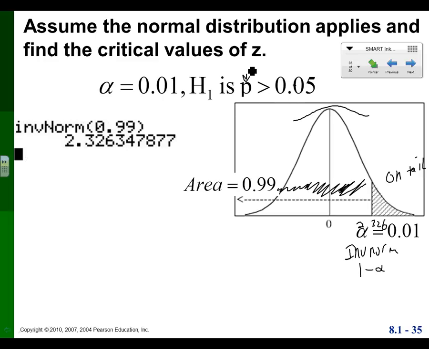Notice when it says our number is greater than 0.05, that's our claim. We have a right-tailed test. Okay? Make a note of that. Whenever it's greater than, it's a right-tailed test, which means we're showing the right tail in the graph. If I would say less than, I think we'd do a left-tailed test.